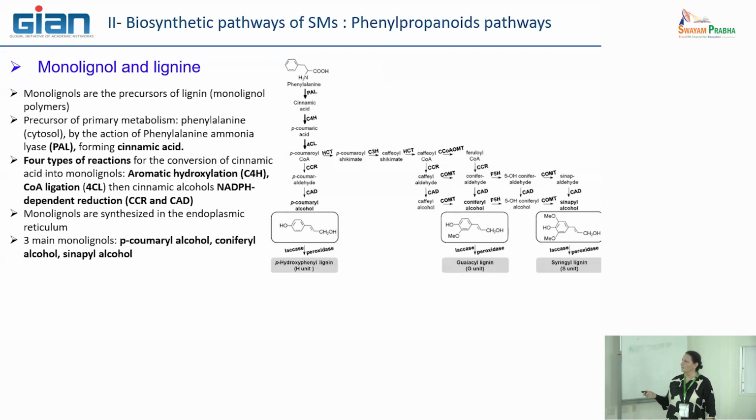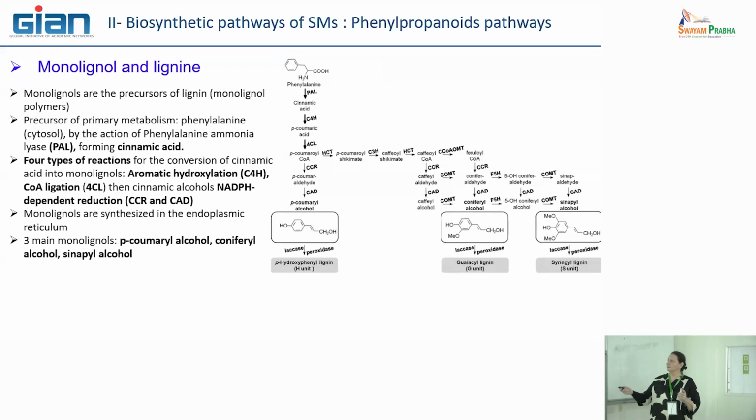There are two types of enzyme that are able to convert this first precursor into different other precursors that lead to at least three main branches of this pathway. One is dedicated to the production of one of the first monolignols, called the H unit. I don't want to explain each name because it will be long, okay?